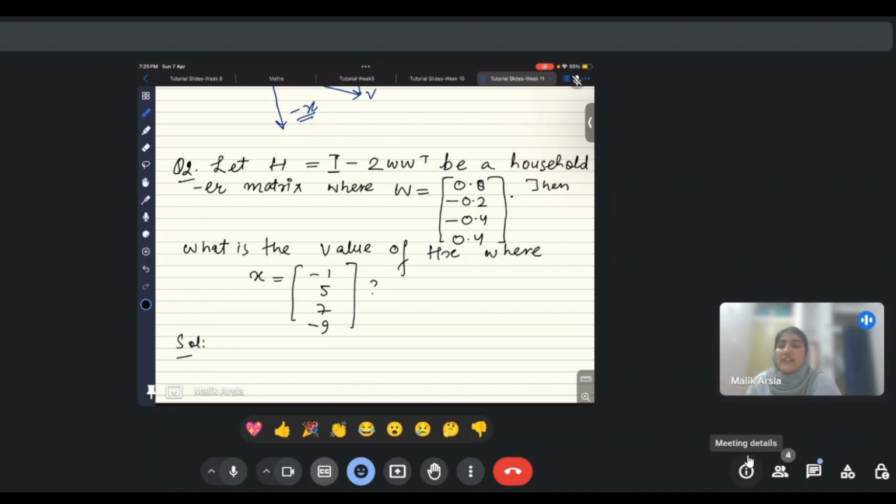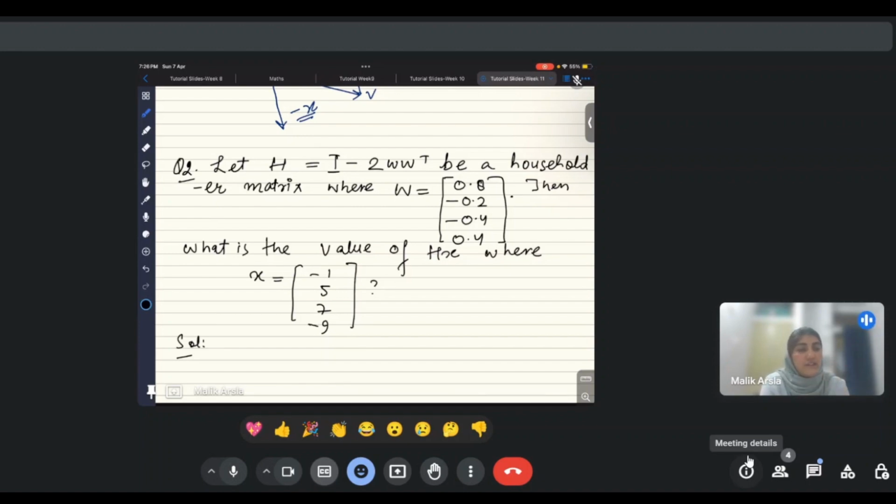You can directly do Hx and tell me the value of that. Multiply it with x and tell me. Madam, it is 12.12, 1.72, 0.44, minus 2.4. Yeah, that is the correct one.